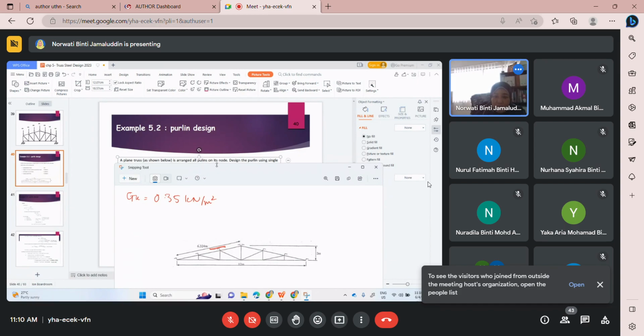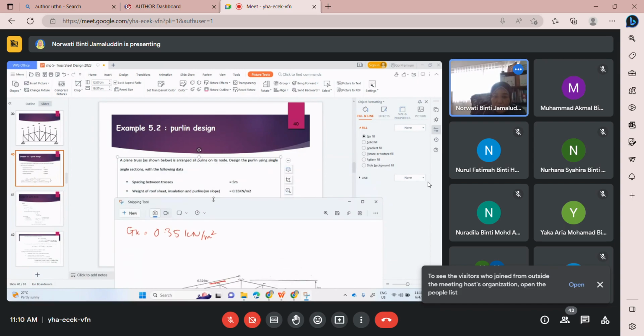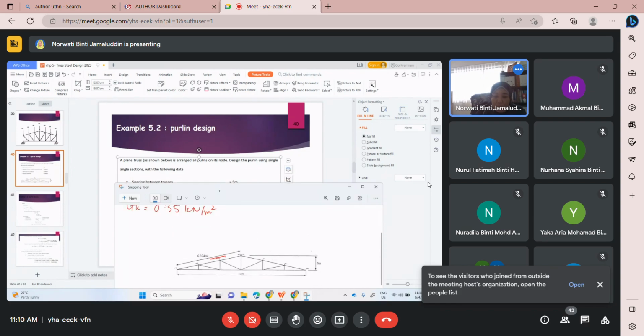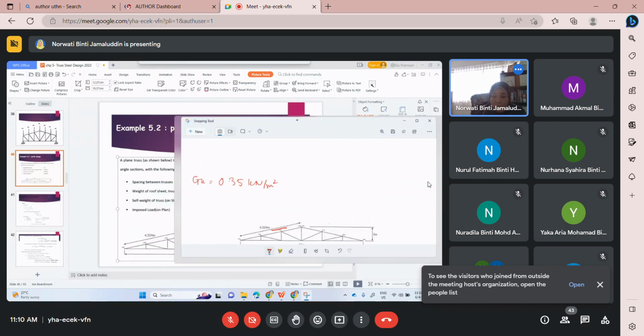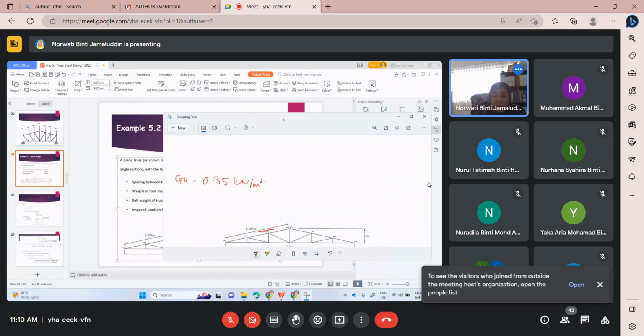So if you want to design purlin, just consider all load that is placed on top of purlin. Okay, so that is GK on slope.